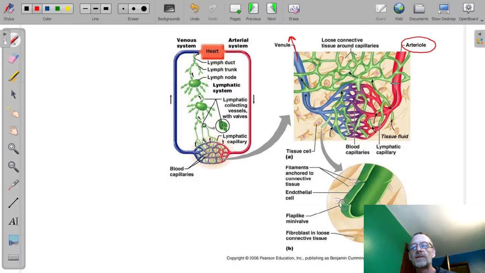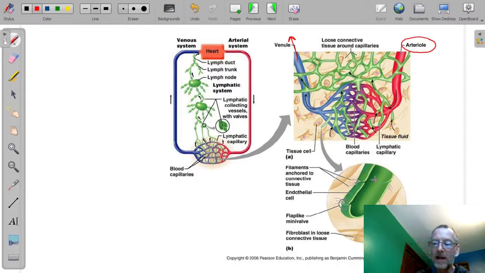Some of that fluid, not all of it, but a small fraction of it, does not get reabsorbed into the venous blood and stays out in the interstitial spaces and is then absorbed by the lymphatic system. So the lower right portion of this figure shows a blind end of a lymphatic capillary.